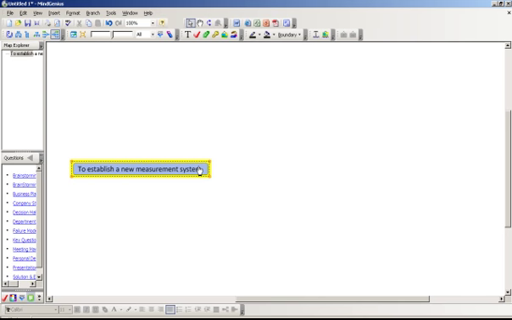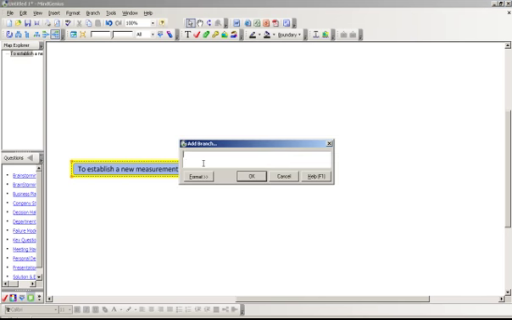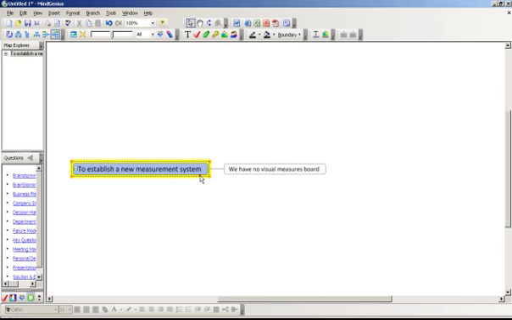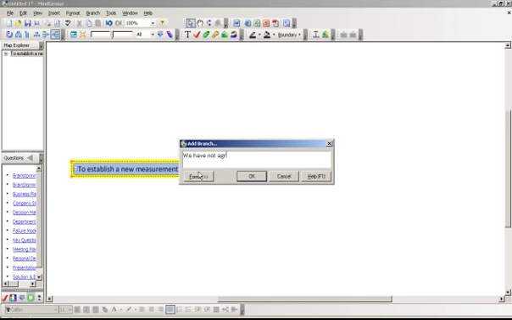So let's say the first obstacle was we have no visual measures board. This is in no order at all. The next obstacle was we have not agreed what will be measured.